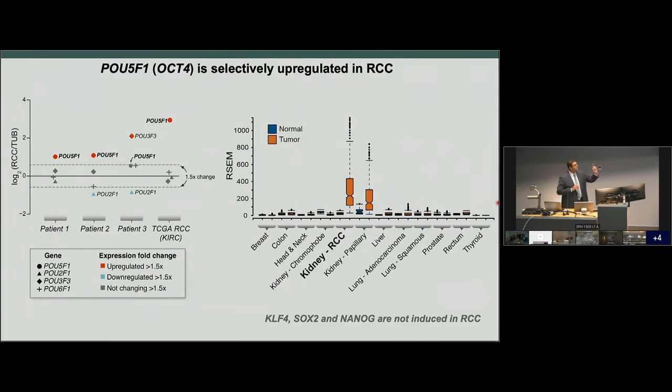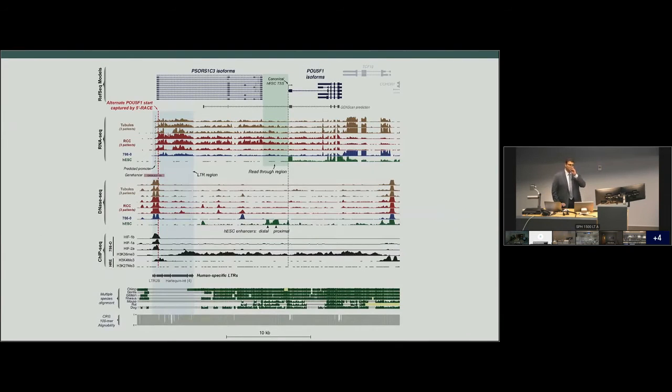And we're actually able to connect it to increased expression of this potent transcription factor consistently in large tumor registries. So the next slide is complicated, but let me walk you through this, because it's actually going to tell you a very interesting evolutionary story in addition to the mechanism of why OCT4 is upregulated in kidney cancer.